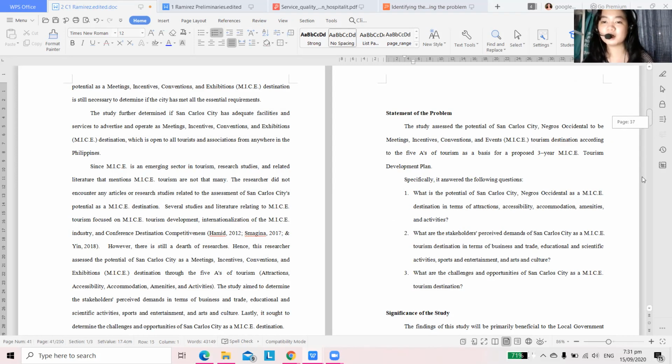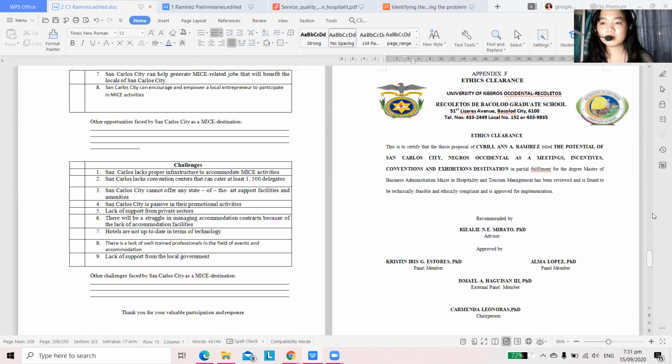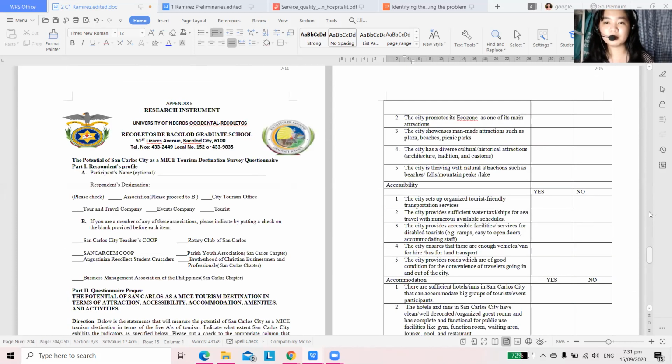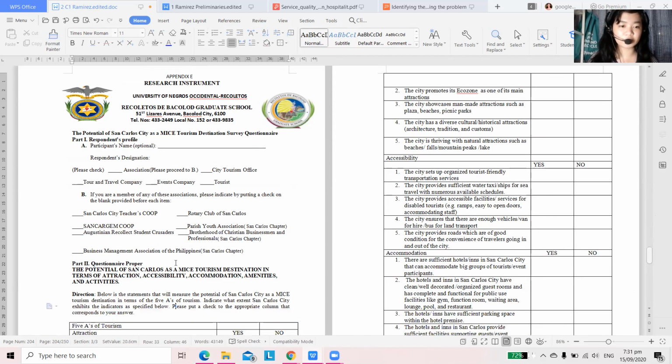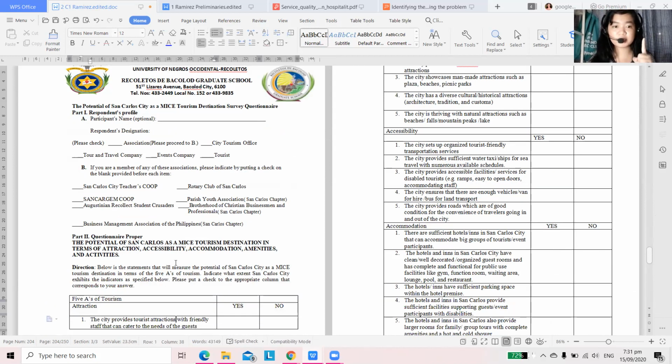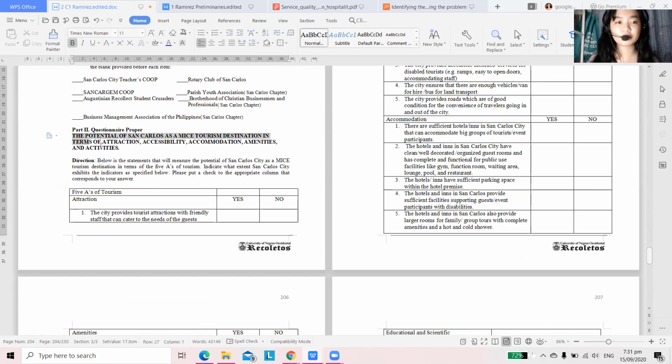So what does it look like? This will be the example. This is the respondent's profile. The first problem, which is the potential of San Carlos City according to attraction, accessibility, accommodation, and amenities, is found on the first part of the questionnaire, which is the first question.